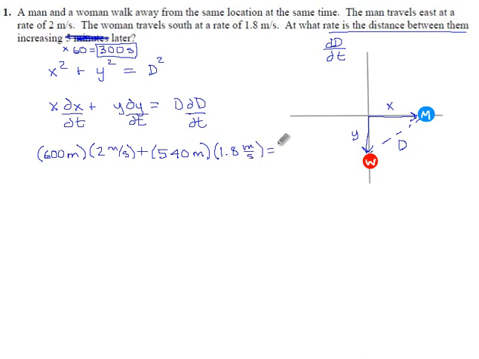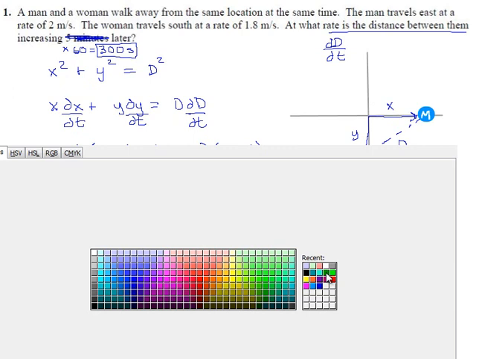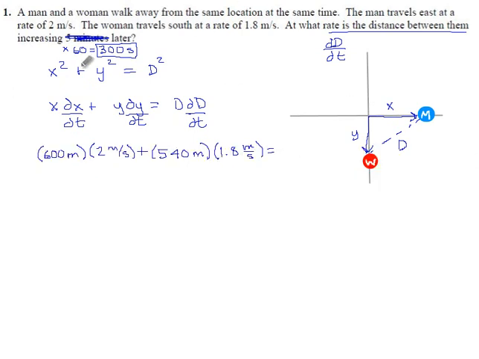Big D, we don't have it, so we get to do a bit of a number crunch here to find big D. I'm going to switch colors for that. We get to do a side calculation. X squared plus y squared means, in this case, 600 squared plus 540 squared equals the total distance between them squared.